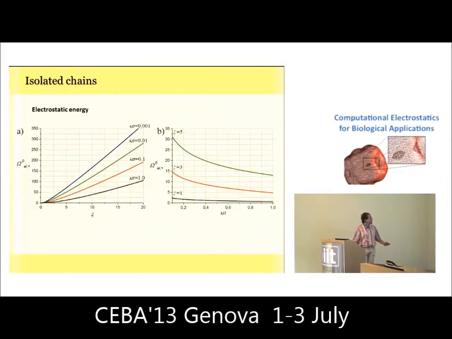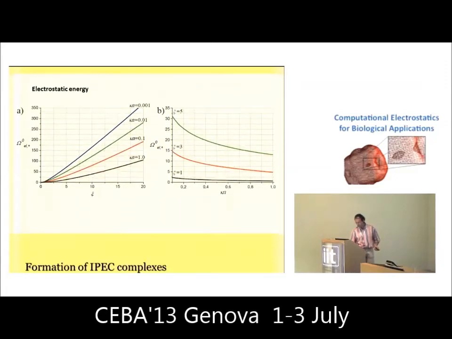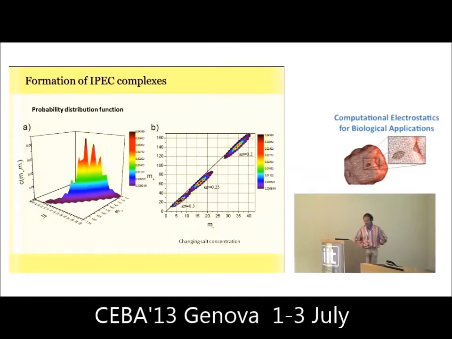So the energy has this Manning parameter, which is related to the linear charge density and different salt concentrations. And if we put it all together and calculate the distribution function of this object, we can have this structure.